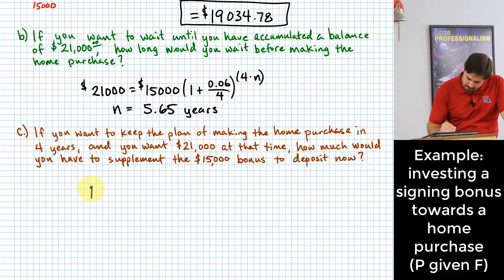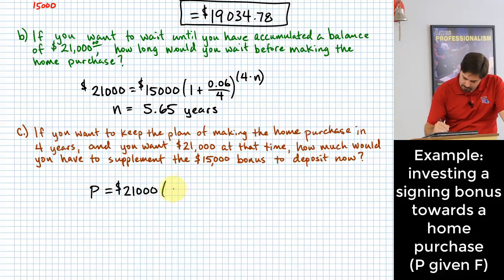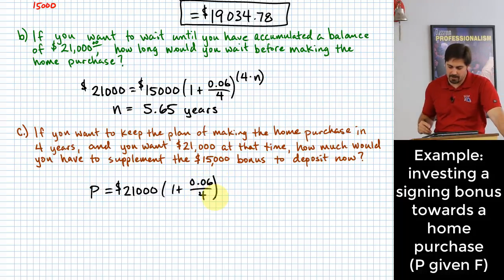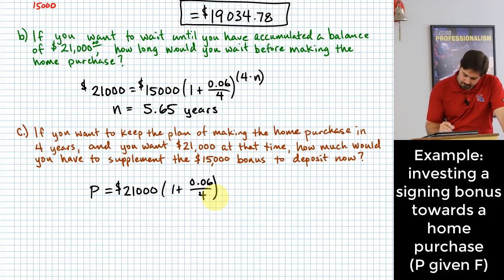You could say P is equal to F times 1 plus 0.06 over 4. That's your interest rate over the number of times per period that you compound, raised to what?